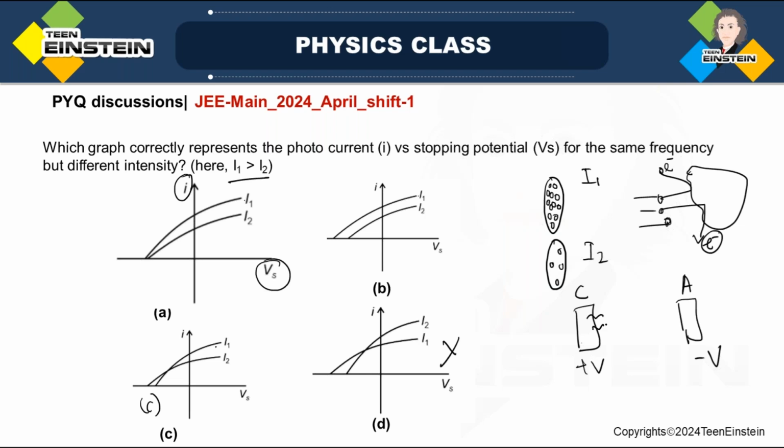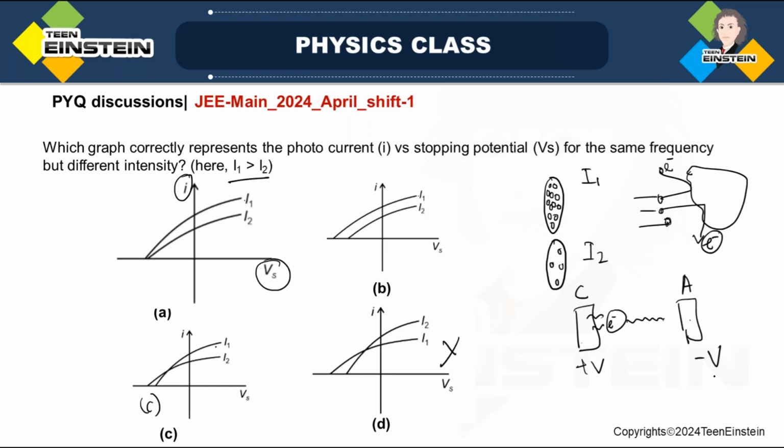Electrons come out from the cathode and are repelled by this negative potential at the anode. But since these electrons have enough kinetic energy, they will still reach the anode and a photocurrent will be seen in the circuit.